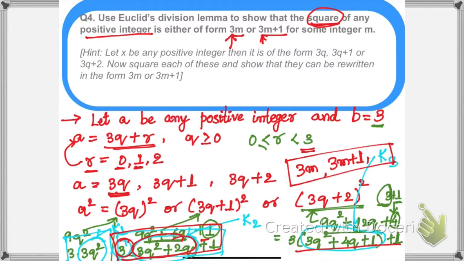So we can write it as, if we square any positive integer, it is of the form 3m or 3m plus 1 for any integer m.